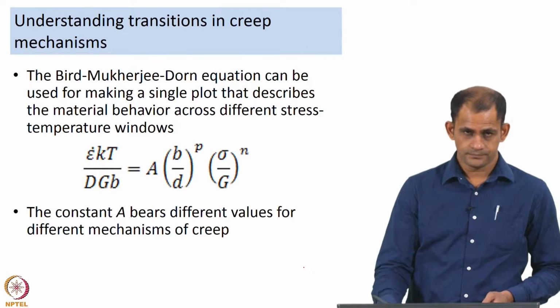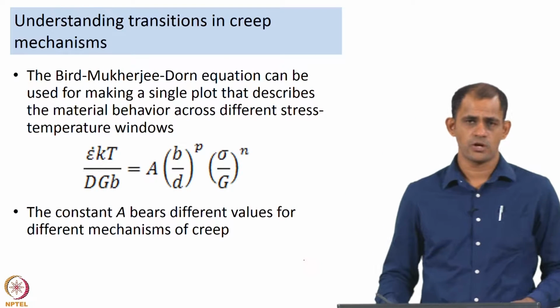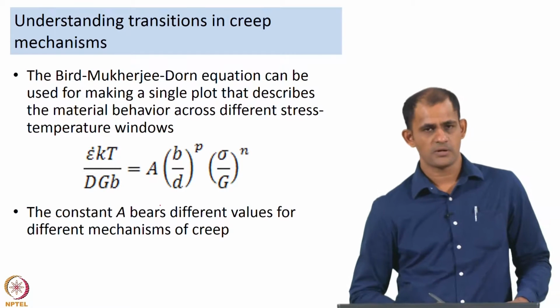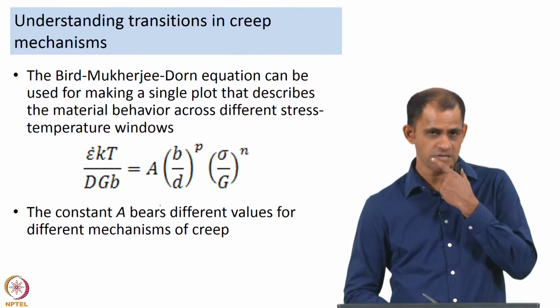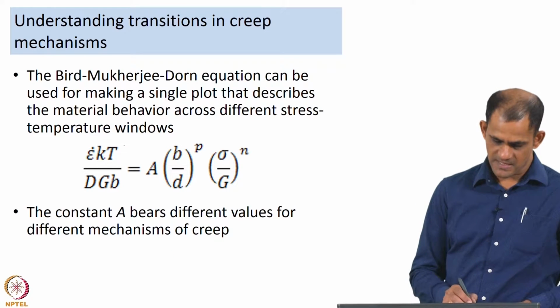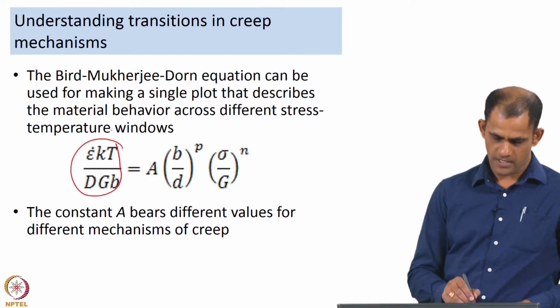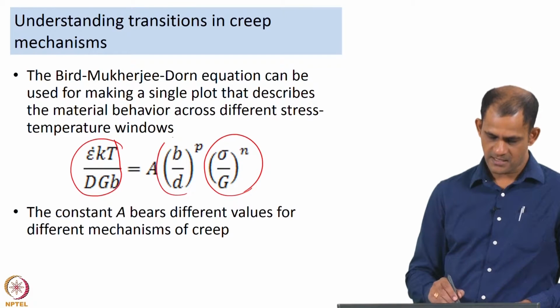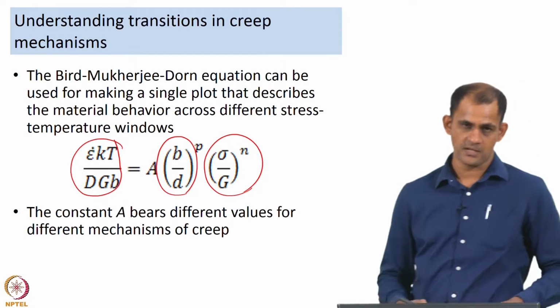The Bird-Mukherjee-Dorn plot has its roots in the following equation. They proposed an equation of this form. This is basically a dimensionless equation between normalized strain rates and normalized stress, and even grain size is made dimensionless by bringing in the Burgers vector.